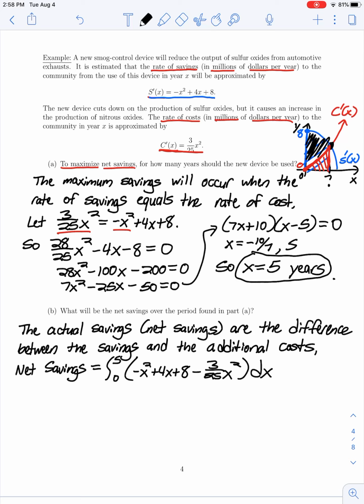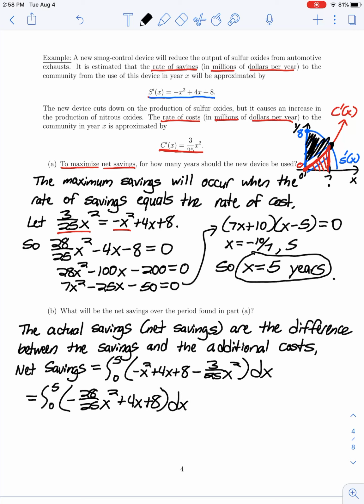So let's see what we have. Simplifying our integrand, we have the integral from 0 to 5 of negative 3 over 25, negative 1, and then minus 3 over 25 gives us negative 28 over 25 x squared plus 4x plus 8 dx.